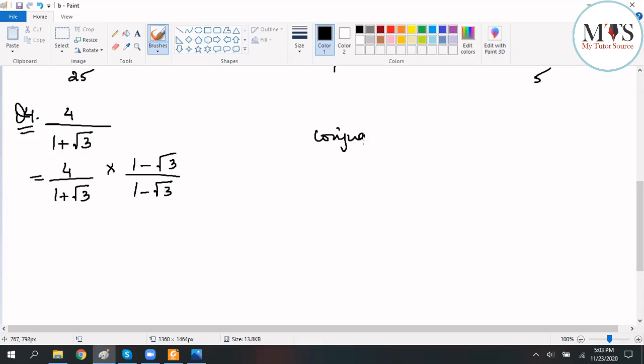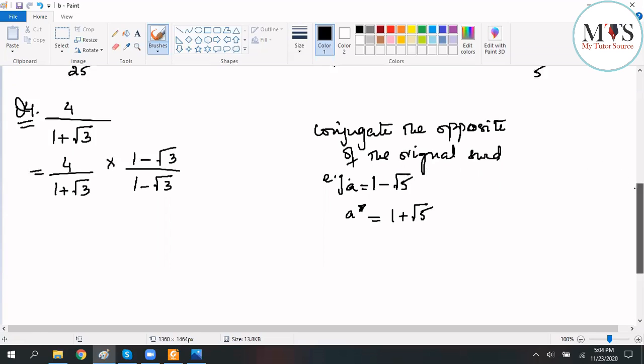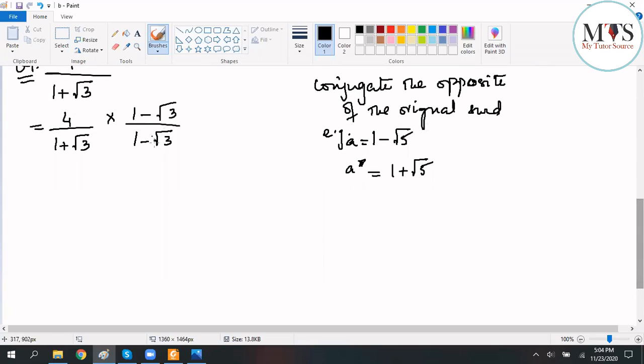Conjugate is basically the opposite of the original surd. So now, let's say the original surd is 1 minus root 5. Your A is this. So A star, which is the conjugate, will be 1 plus root 5. Okay. So we multiply and divide by the conjugate.